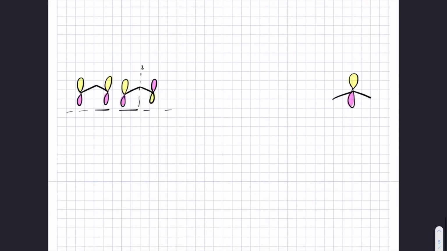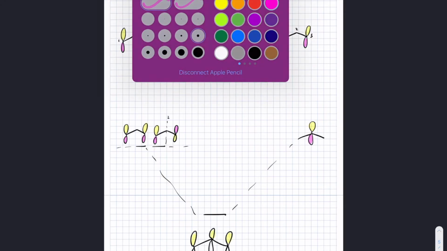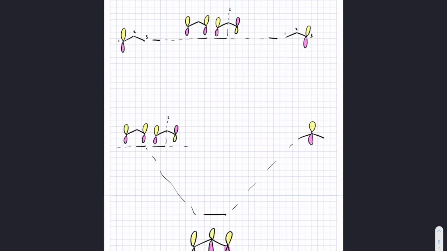If we do that for this first one, we convert what was a non-bonding orbital into one that's a decent bonding orbital, right? Because there's in-phase overlap on adjacent atoms. The out-of-phase combination involving these two gives us the highest energy version.